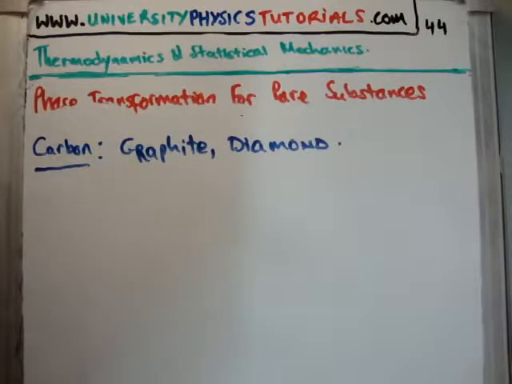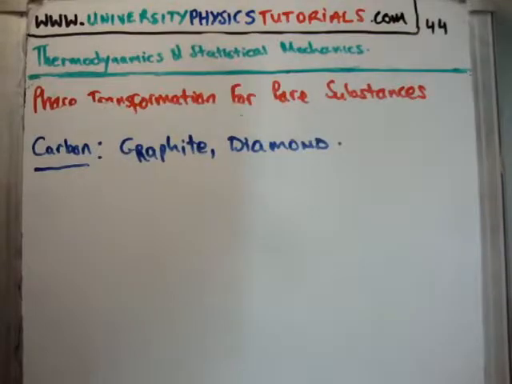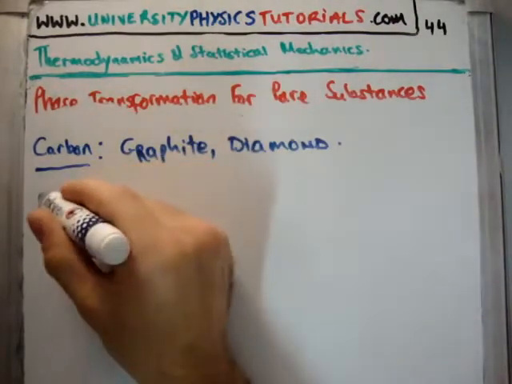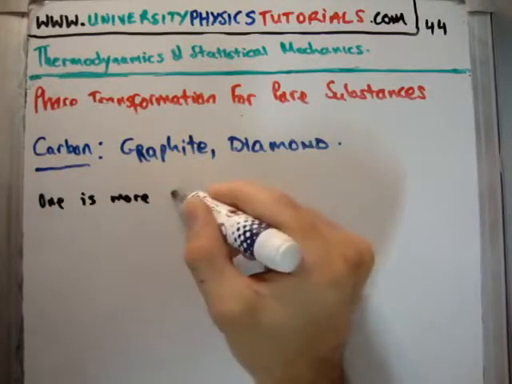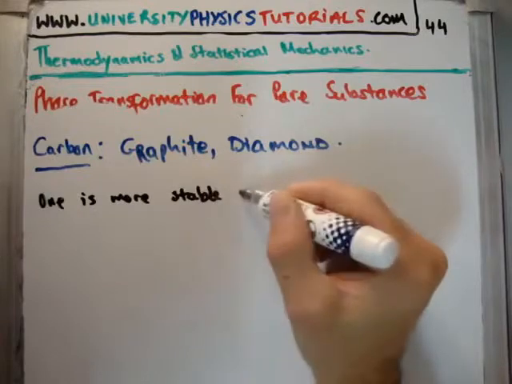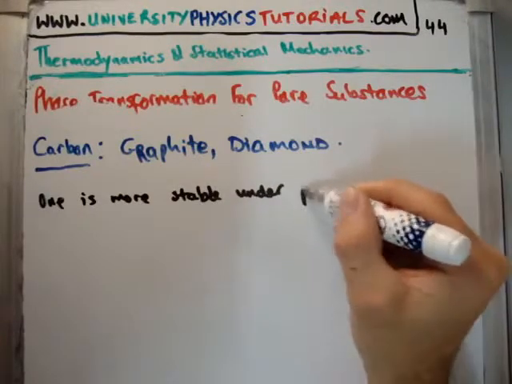Alright, so that's the difference. But why are they different is the question. At what point does graphite become diamond or diamond become graphite? Or under what conditions is one stable and one not stable? Now the reason you have graphite and diamond, both carbon, but two different cell structures causing two different materials, is because one is more stable under particular conditions.